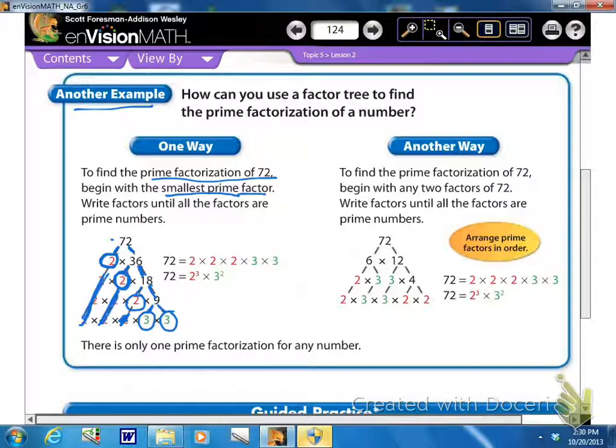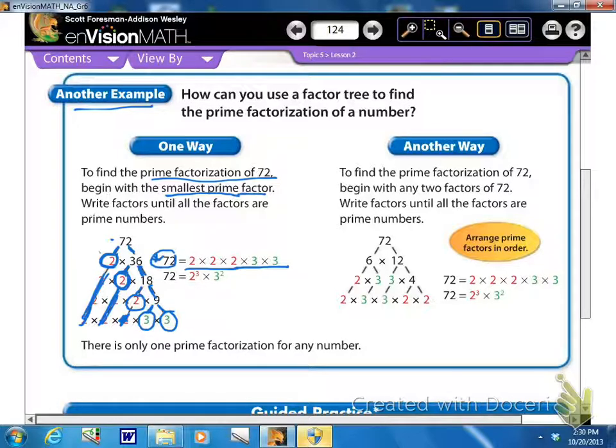Now, write the prime factorization. Well, here's one example. I have 2, my first 2, times my second 2, times my third 2, and then the last two 3's, times 3 times 3. If I plug this into a calculator or do this in my head, I would get 72.